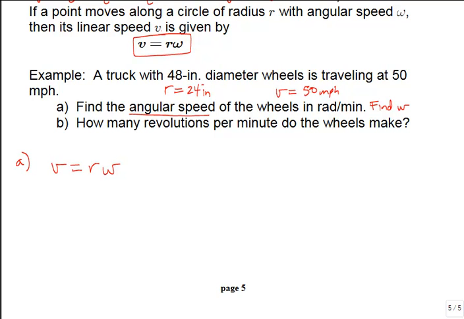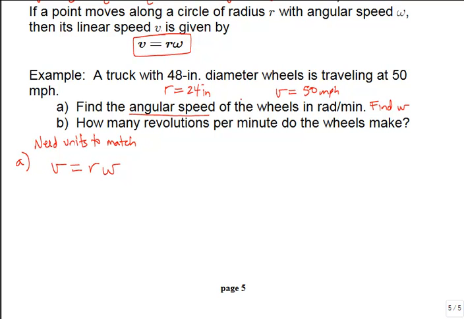Now we have a little bit of an issue here. We know our velocity is 50 miles per hour, but our radius is given to us in inches. So we're trying to compare miles for this velocity to inches for our radius, and those units don't match. So we need our units to match. You could either change the miles to inches, or you could change inches to miles.